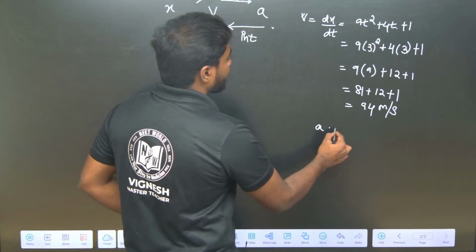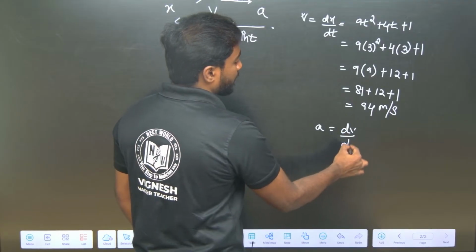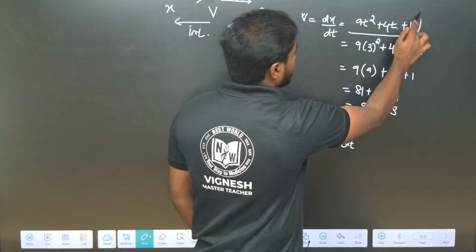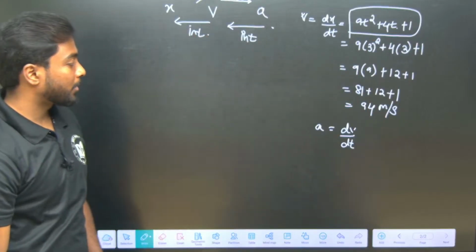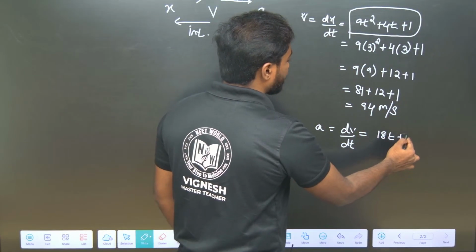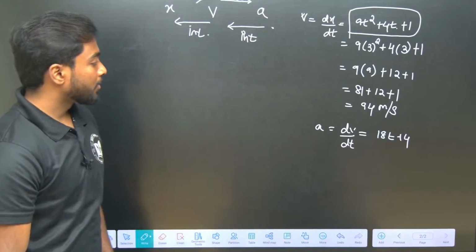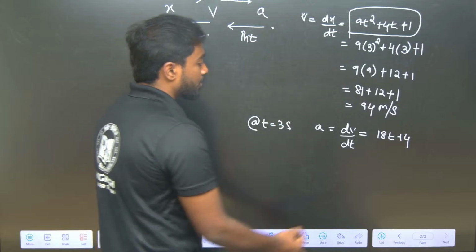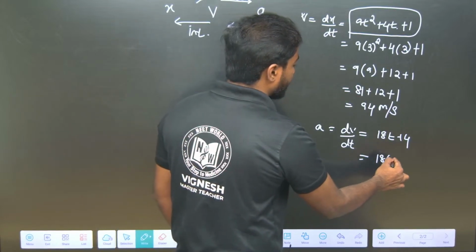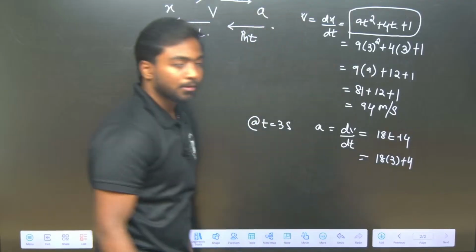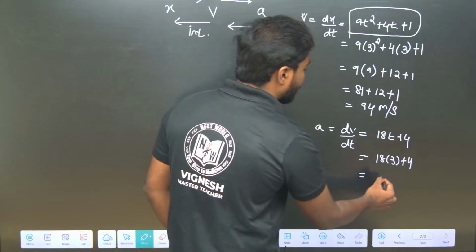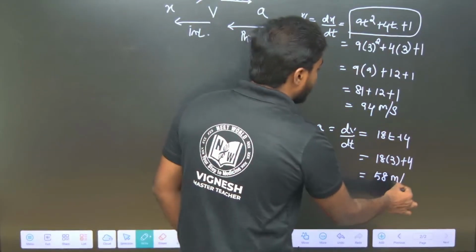Acceleration is nothing but dv by dt. Now, what was the equation we got last? 9t square plus 4t plus 1. I need to differentiate that one, so 18t plus 4, that is it. At t equals 3 seconds, let me substitute the value: 18 into 3 plus 4. 18 threes are 54, 54 plus 4 is 58 meter per second square.